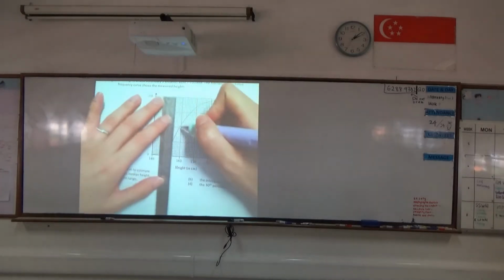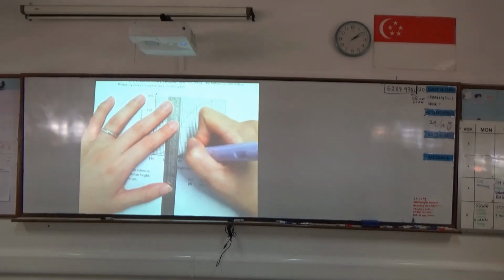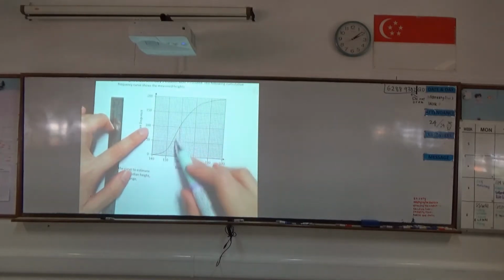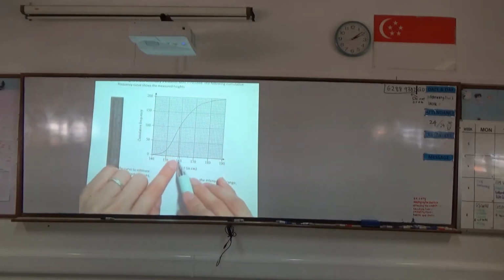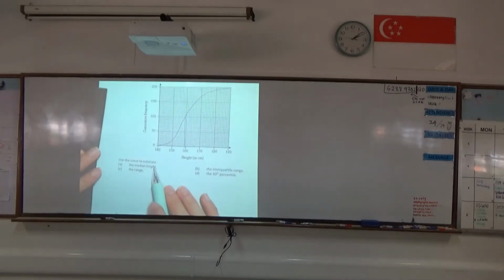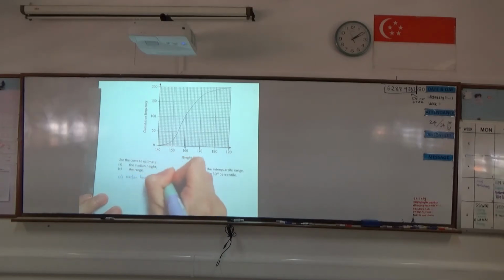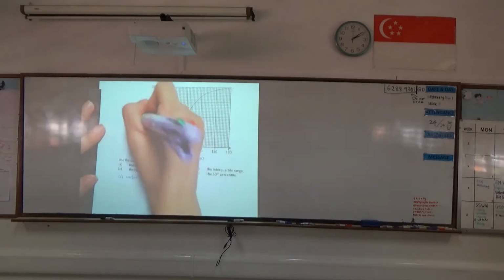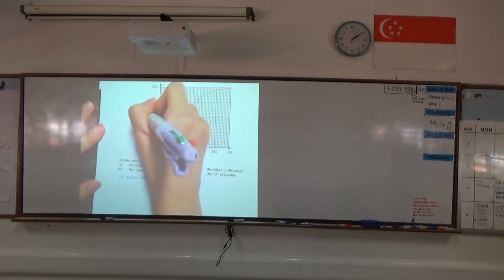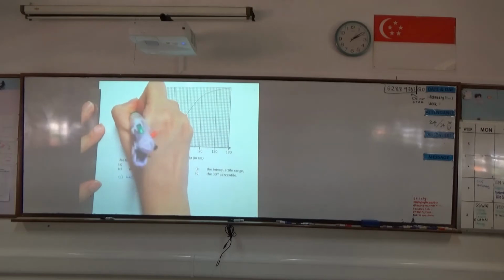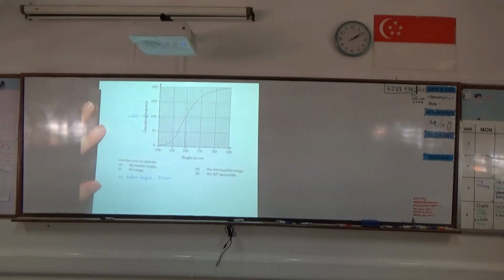At 100 itself, the 100th person has a height of 159 cm. Take note that we're looking for the median height. So median height equals 159 cm. This is where I read for the median.